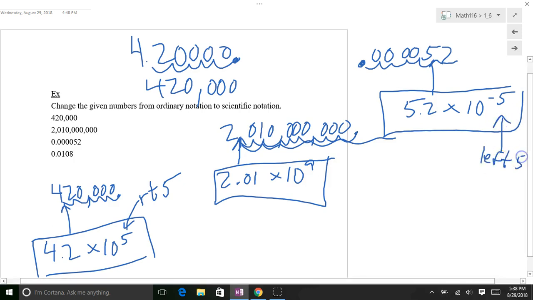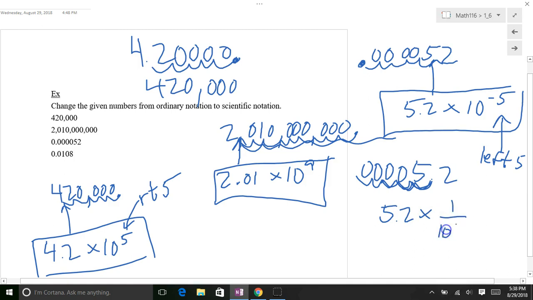You always check it from scientific notation. 5.2, left 5: 1, 2, 3, 4, 5. There we go, 0.000052, right? Because this is saying 5.2 times 10 to the negative 5th.